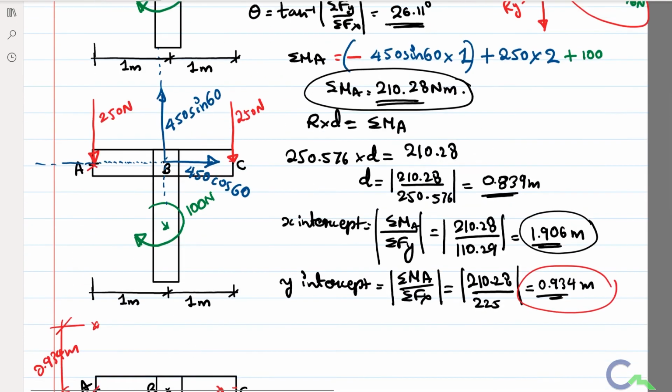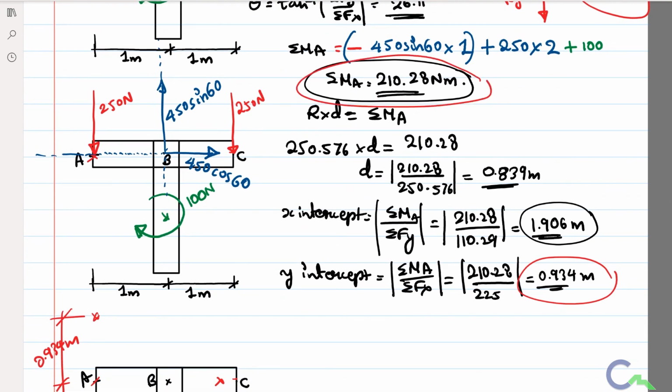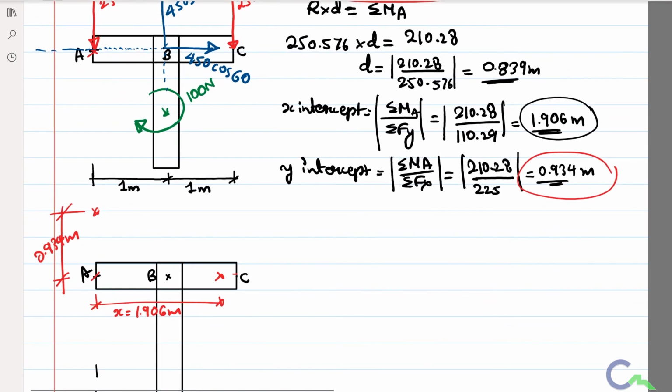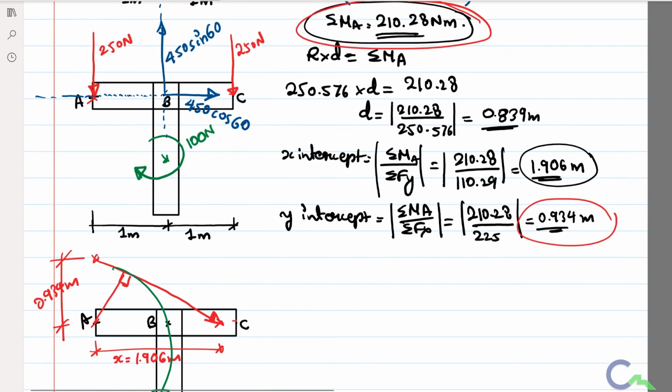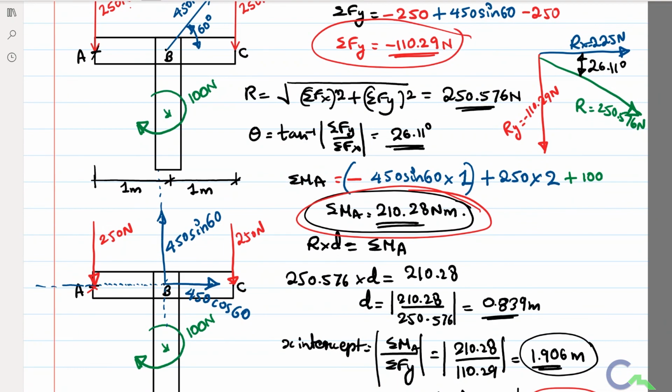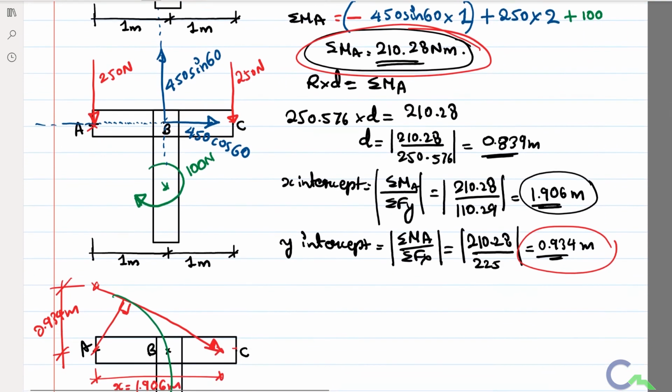So I want to develop positive moment, that is clockwise. So if I join these 2 points, if I take this as moment arm, if I apply this force about A, it is going to rotate in clockwise direction. So my assumption is correct. Also it is going to satisfy this condition, that is coordinate. So my assumption is correct.